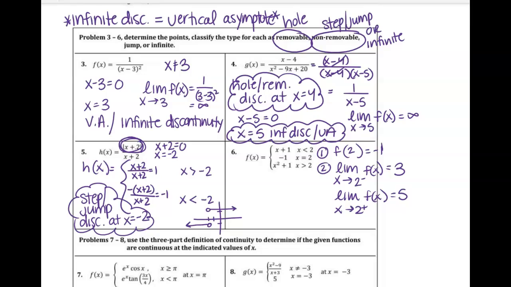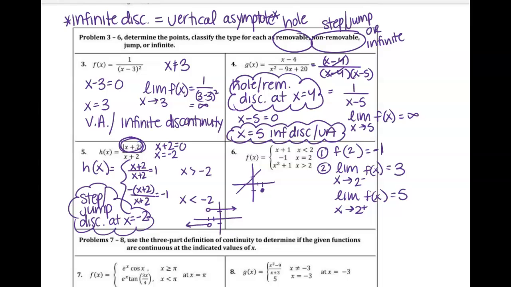So none of these values are the same. And if we think of a picture, well, f of 2 is negative 1. And then x plus 1 would just be this line right here. And then, actually, sorry, it would go all the way to 2. And then x squared plus 1.